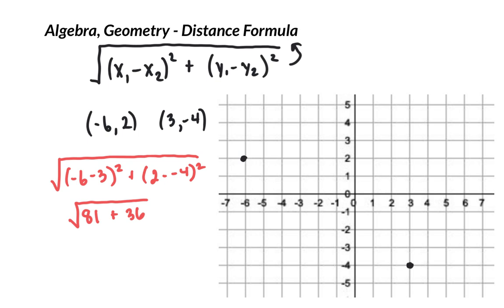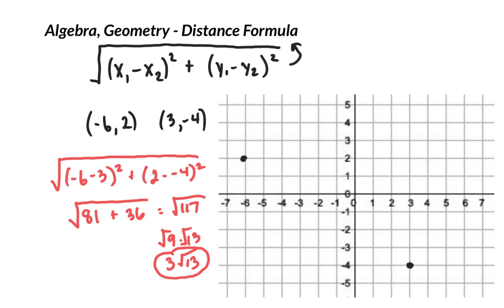And that is 117. Now, I just want to point out that 117 can be written as 9 times 13, of course, square roots. So 3 square roots of 13 if you wanted the exact reduced radical answer. Otherwise, you could just type in square root of 117 and get 10 point something.